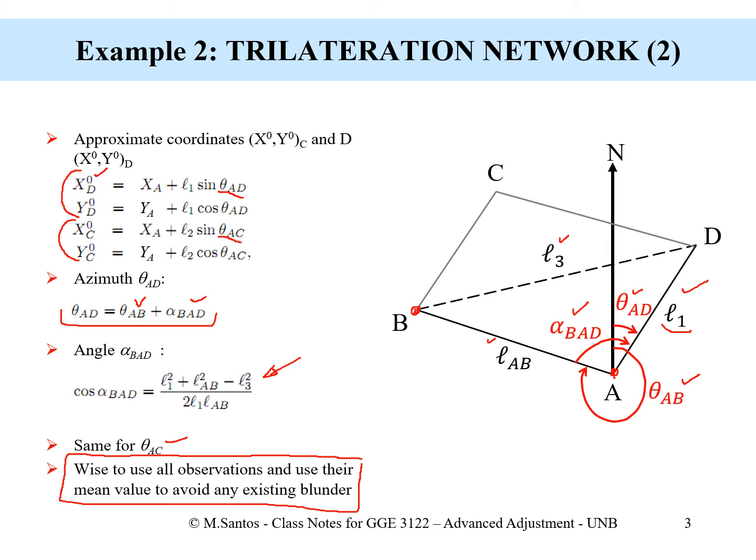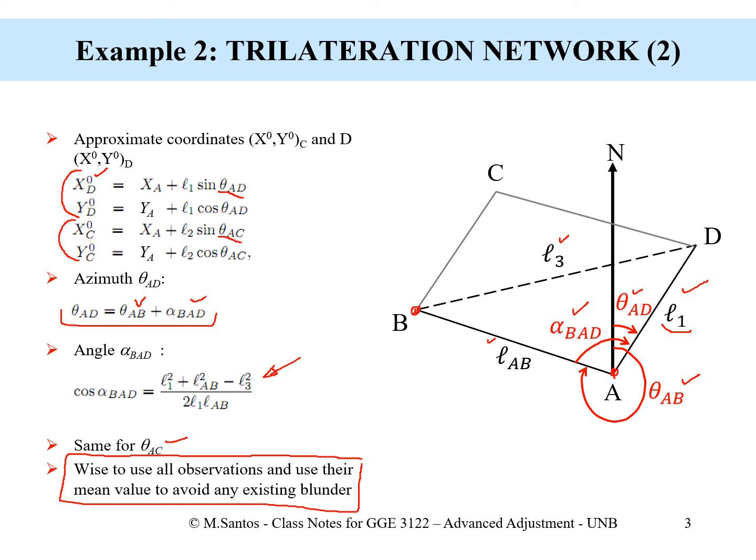Let's suppose that one of these observations has a blunder, that is a mistake, an error in the observation that was not detected. If you just pick one value randomly, you may pick the observation with an error. To avoid that, we can take the mean, because if there is any error, it is going to be minimized.